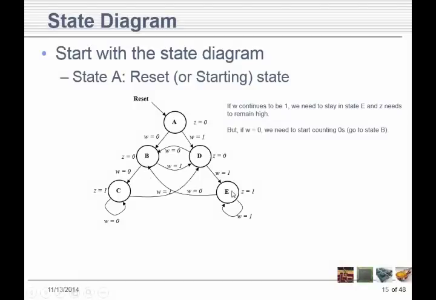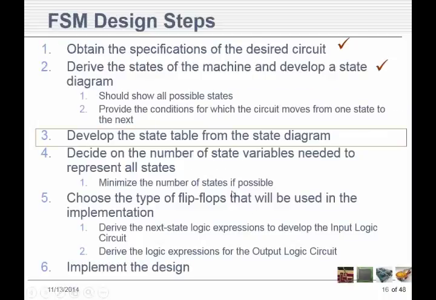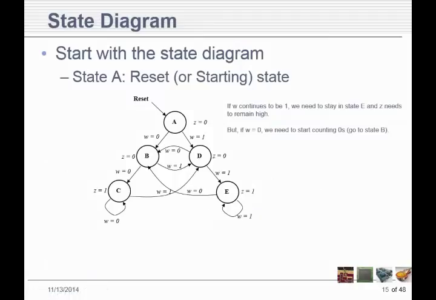So what I usually do is say in my steps that we go ahead and develop a state table. And after we do that, then we can decide on the number of variables and start implementing the design. Now, if we've got A, B, C, D, E, we got 5 states here, 1 input, 1 output.